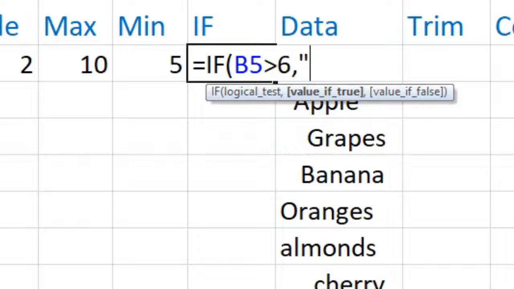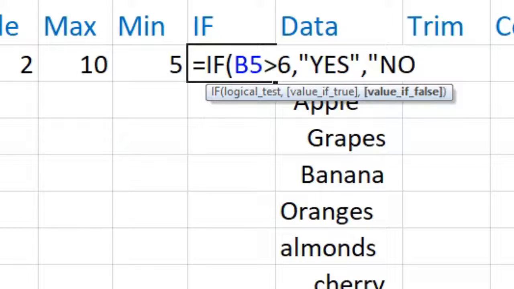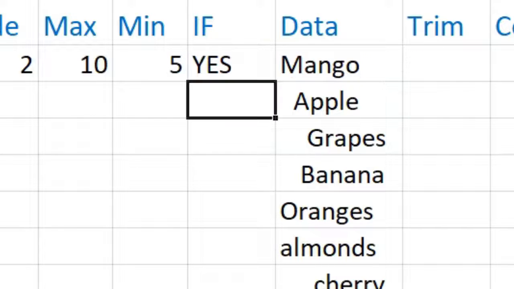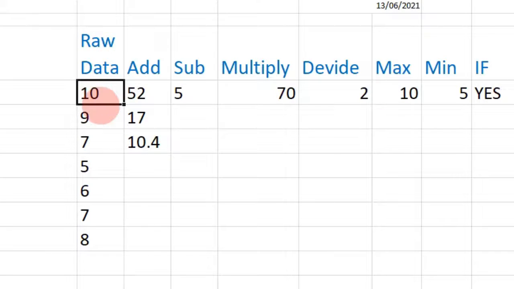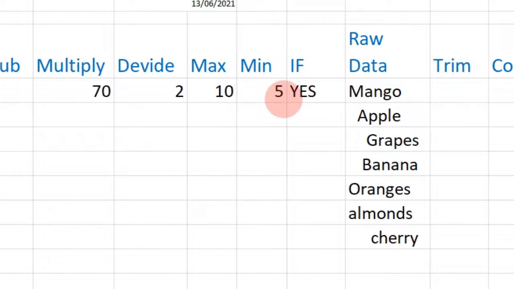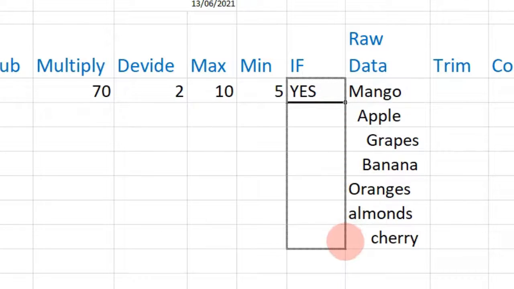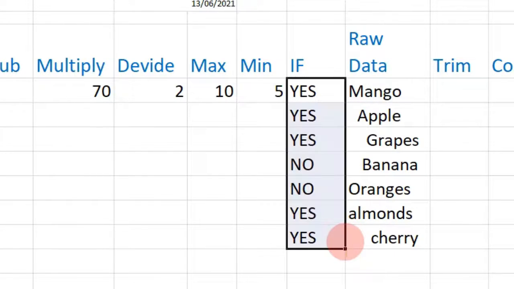Comma, yes, colon, comma, otherwise write no. Close this formula, and so this number is 10. 10 is greater than 6. So we'll select this formula and drag down to the last number.